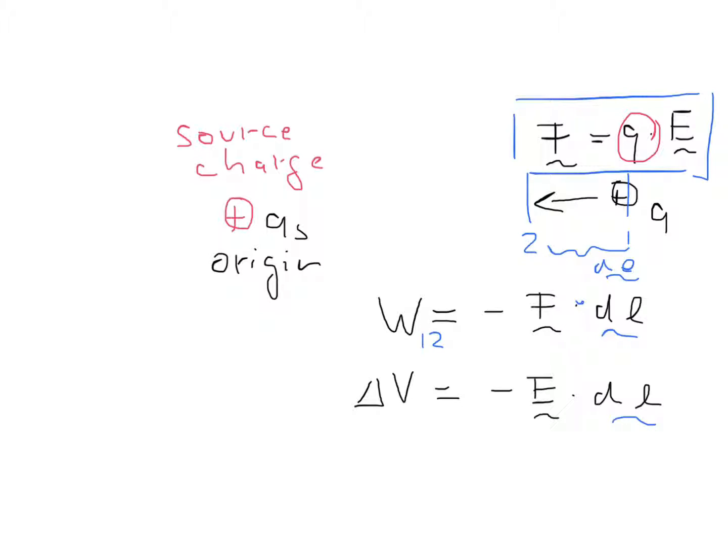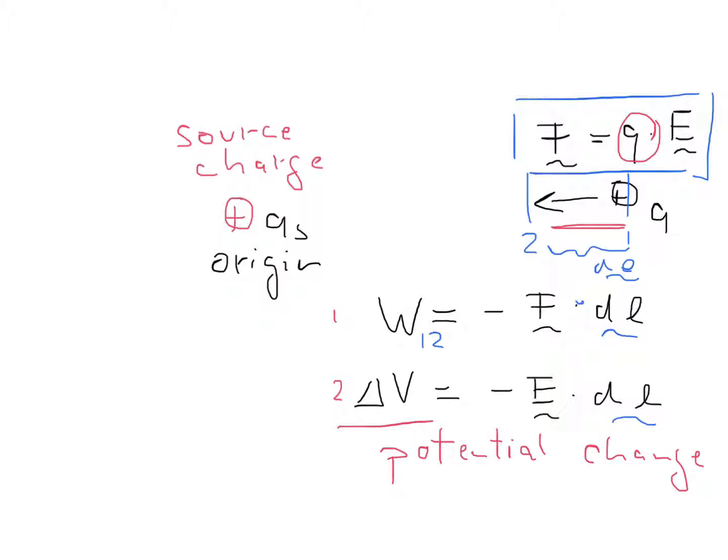You can see the difference between equation 1 and equation 2 is that in equation 2 for the potential change delta V, the test charge Q has been taken out, and we define as the potential change delta V the negative product of the electric field encountered during this path element times the path element dl, and that's what we call potential change.